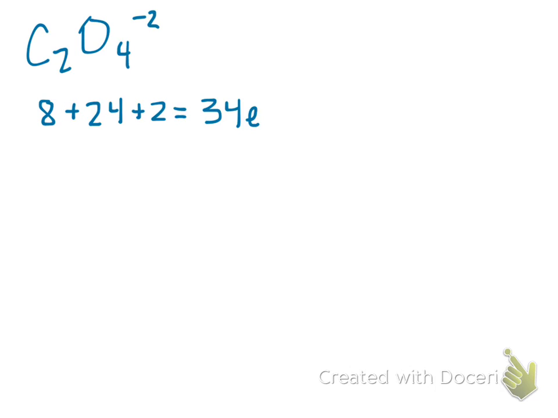So we need 34 electrons, I think, if I counted right. Would we agree? Okay, 34 electrons. I've got double carbon, so that means I'm probably going to have 2 central atoms. Could have a double bond, but I'm going to have probably 2 central atoms. So I'm going to go carbon, carbon, oxygen, oxygen, oxygen, oxygen, right?